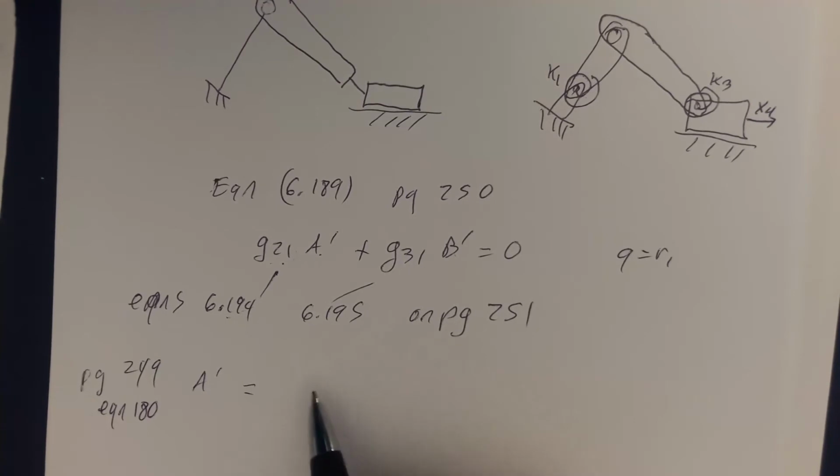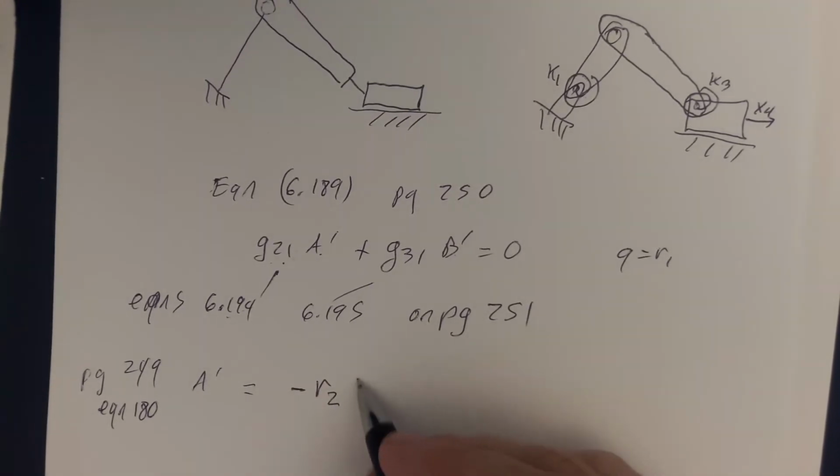And so in our case, A prime, first couple terms are x2 and y2. We don't have those. We do have in the next term an x4, so we'll just write down minus r2 x4 sine theta 2.